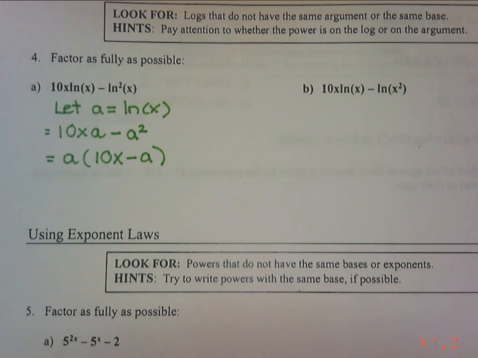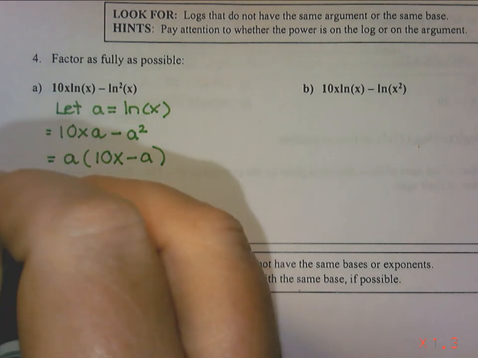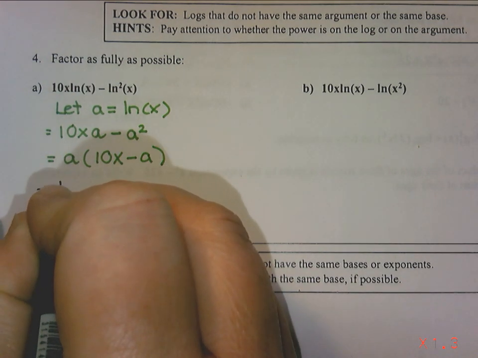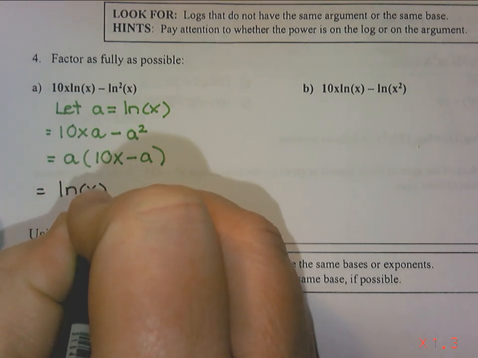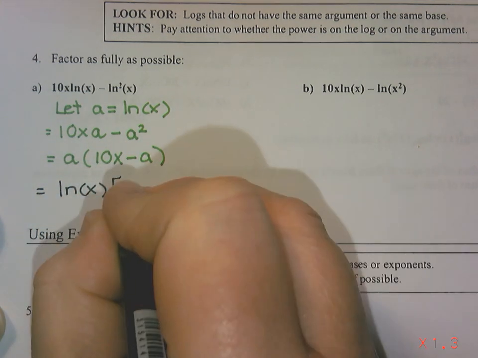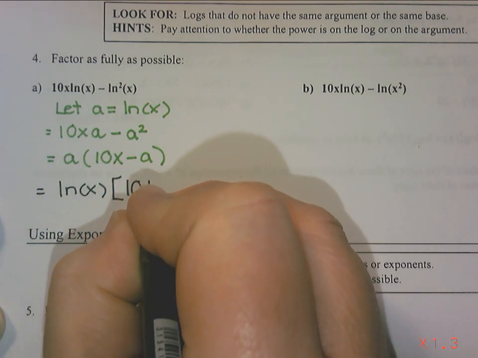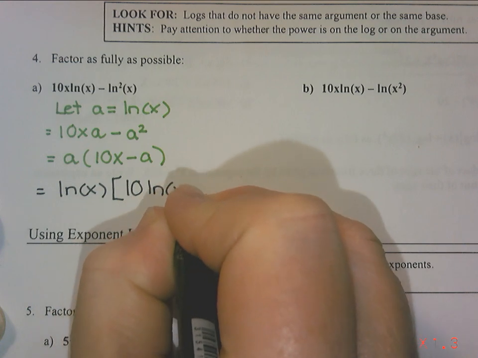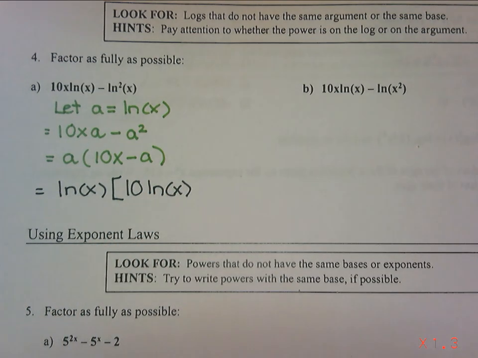Now, all I need to do is put back in the ln x, and I will get ln of x, and then times 10 ln x. Oh, nope, that was 10x, and then minus ln a.